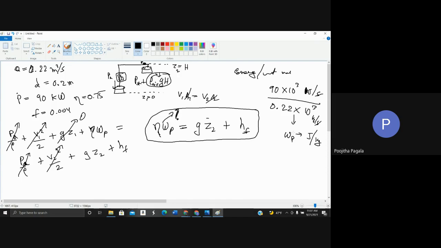So can you tell me the value of WP? I got WP to be 409.1 joule per kg.